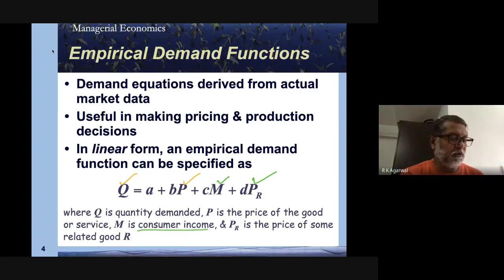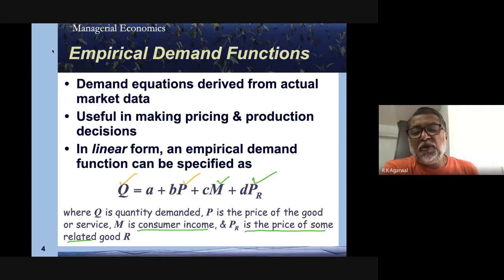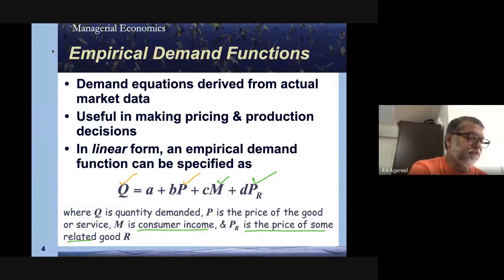And what does PR stand for? PR is the price of some related product, some related good, let us say good R. That related good may be a complementary good, or that related good may be a substitute good. So basically, this is what we call multiple regression.